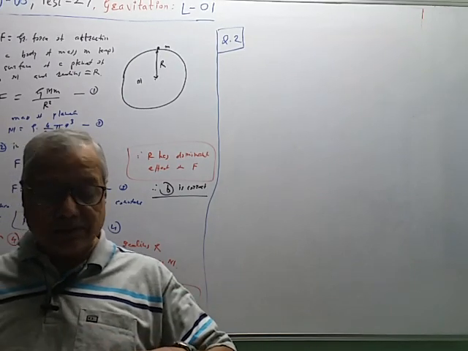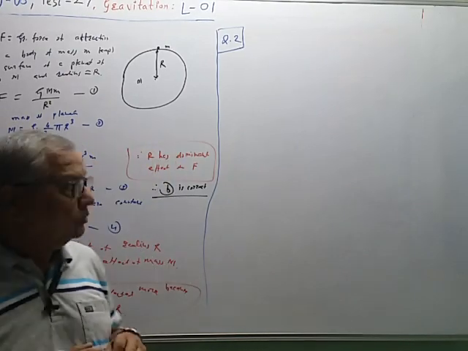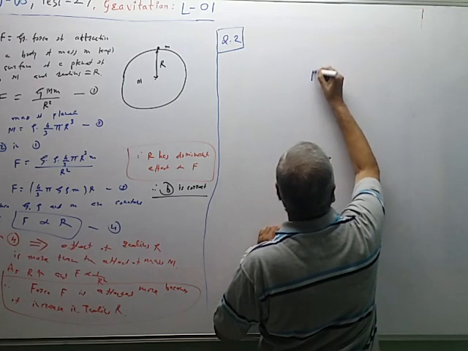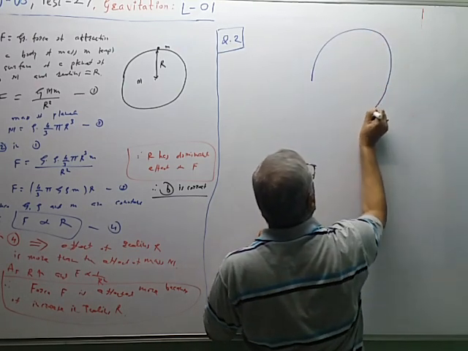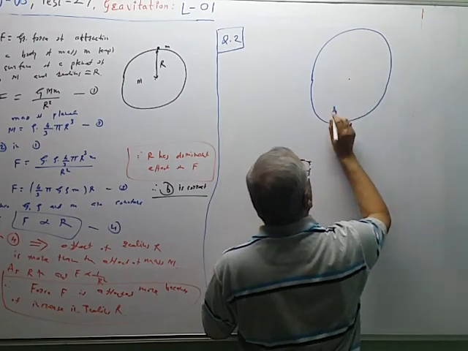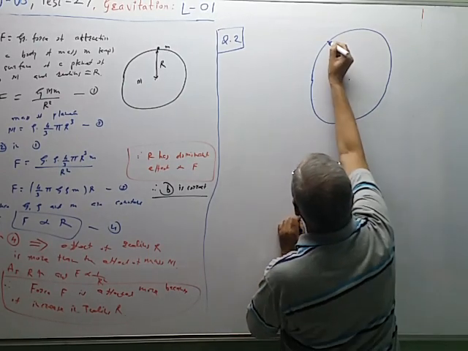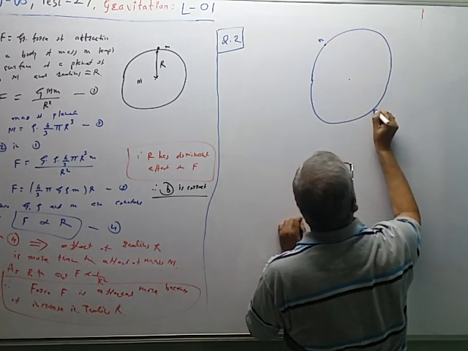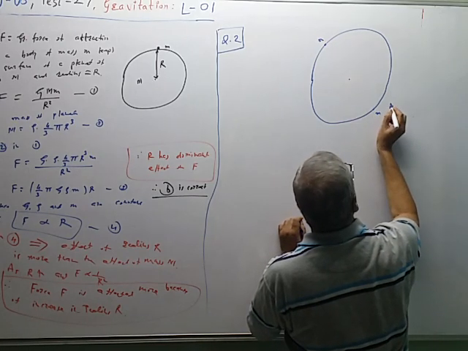The center of mass of the two is at the center. So the figure is like this. This is a circular path. This is the center. So one particle of mass m is here, other is at the diametrically opposite point.